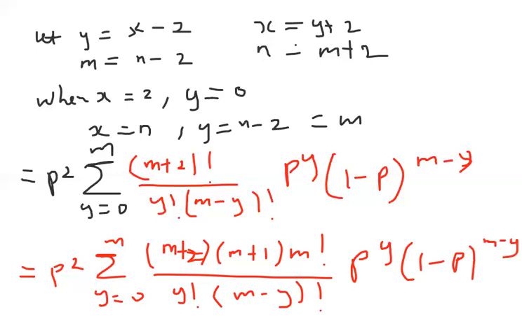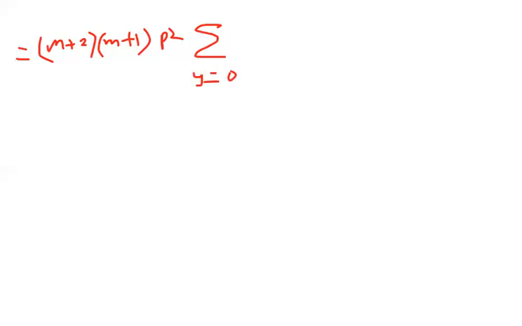So I can take the constant terms, m plus 2, m plus 1, out. When I take them out, I'm going to have m plus 2, m plus 1, p squared, summation of y equals 0 up to m, and it's going to give me m factorial all over y factorial and m minus y factorial, p raised to the power y, 1 minus p exponent m minus y.